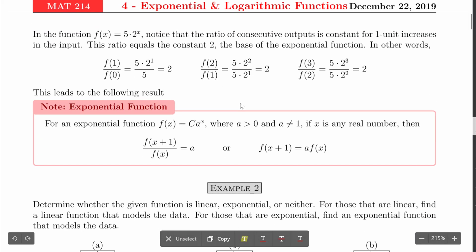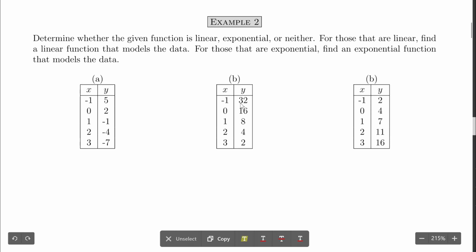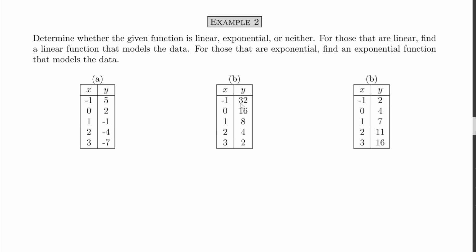And one thing that we can note now, going on into example 2, is we can use the information that we just obtained from the 5 times 2 to the x power example, and we can generate a function based off just a model, some data that we're given.